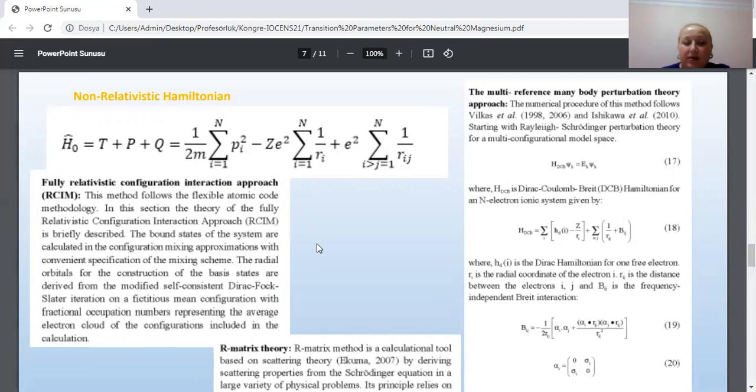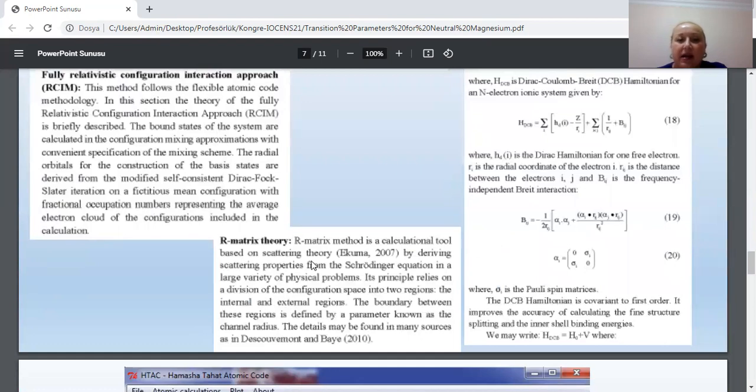The radial orbitals for the construction of the basis states are derived from the modified self-consistent Dirac-Fock-Slater iteration on a fictitious mean configuration with fractional occupation numbers representing the average electron cloud of the configurations included in the calculation. The next one, the R matrix theory.